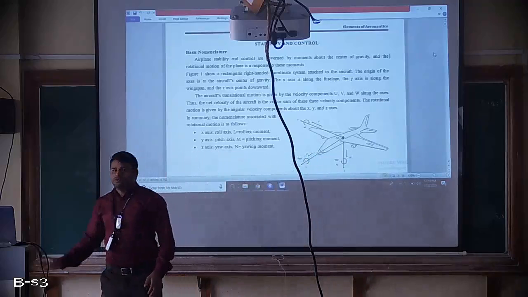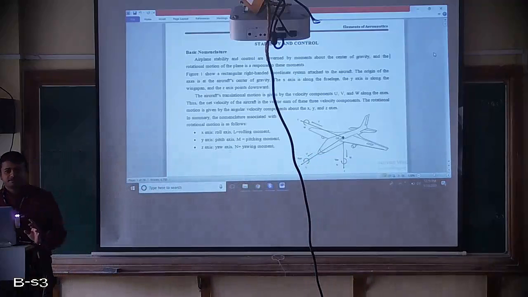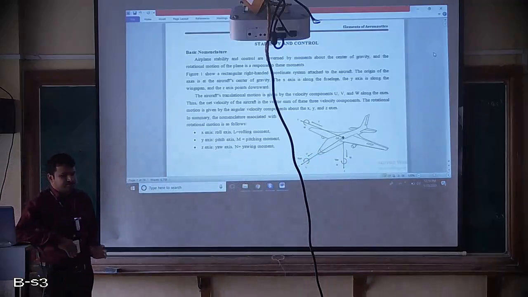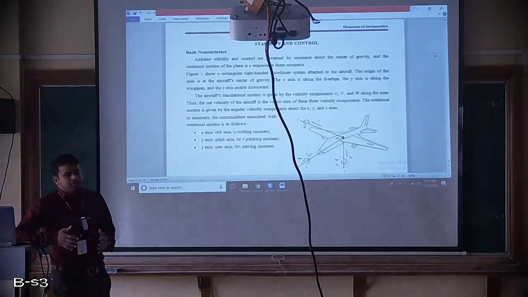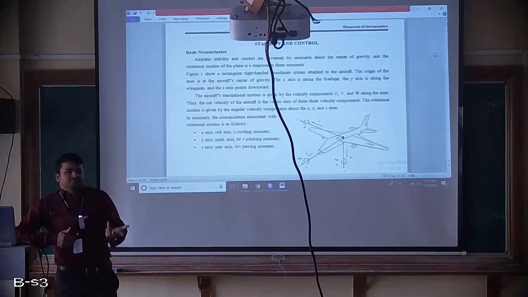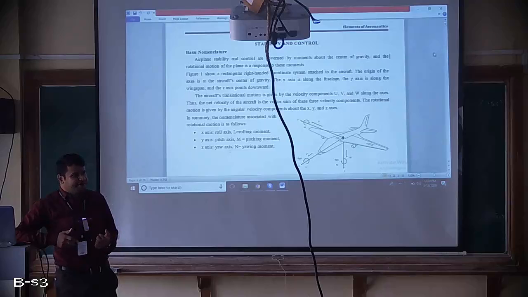So when the aircraft gets unstable, coming back to its original position is a must for an aircraft. Otherwise, it will lead to many disadvantages. That means your aircraft may collapse or it may crash, whatever may happen. Again, it depends.